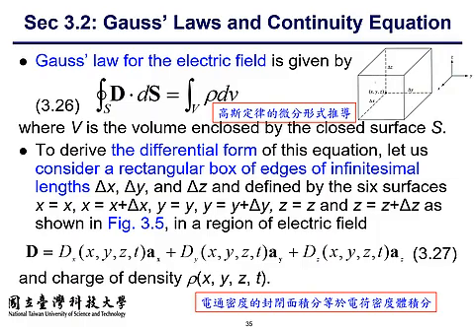All right, next we can move on to section 3.2, which is Gauss's law for the magnetic field and electrical field, and the continuity equation, which is referred to as conservation of charge in chapter 2 for the 5th Maxwell equation, right?